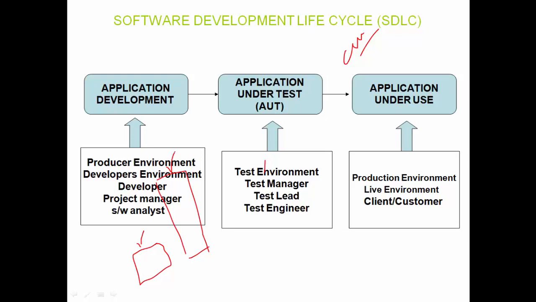Likewise, we follow the software development life cycle phases, but the use of those phases may be different depending on the application complexity, the application size, and the previous example of application behavior. All these factors come into the picture, and we are going to select the best model, the software development life cycle model.